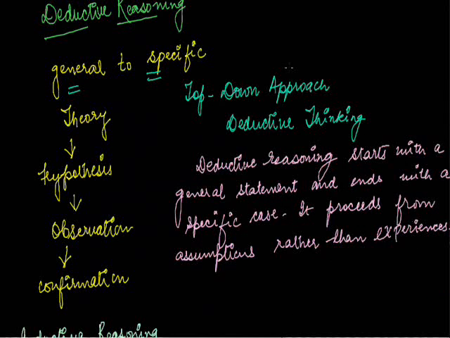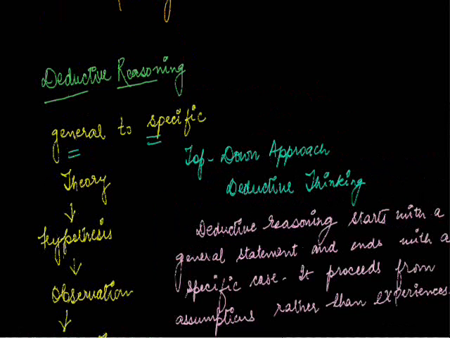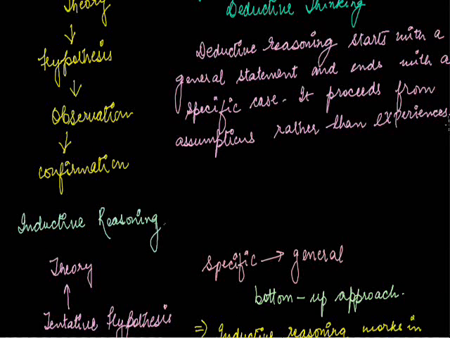On the basis of that theory, we are trying to derive some hypothesis, and then using that we have some observations, and finally we can confirm whether the theory that we used initially is a correct theory or not. So it is a top-down approach. Deductive reasoning starts with a general statement and ends with a specific case. It proceeds from the assumptions rather than experiences.